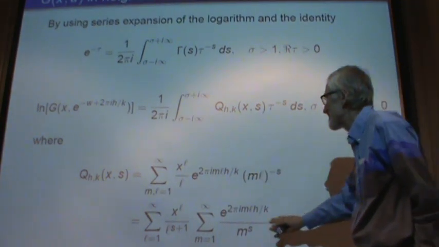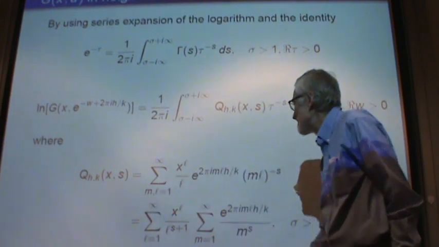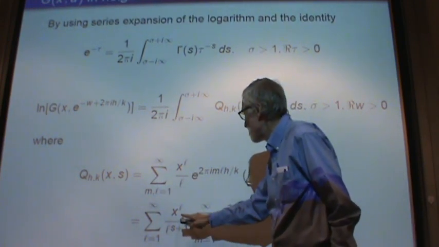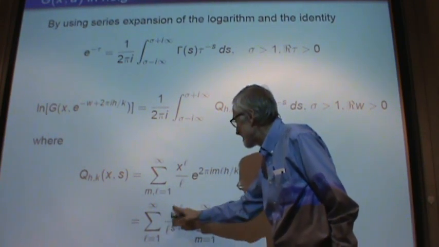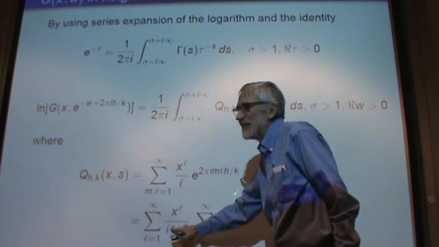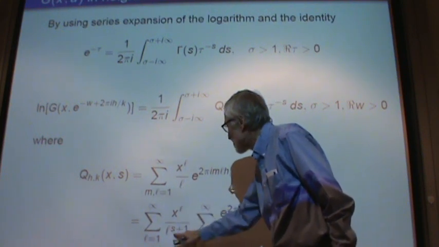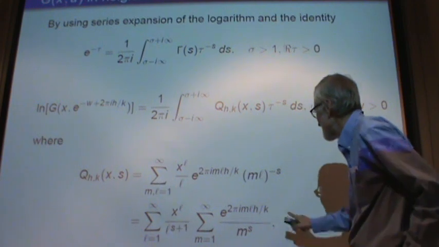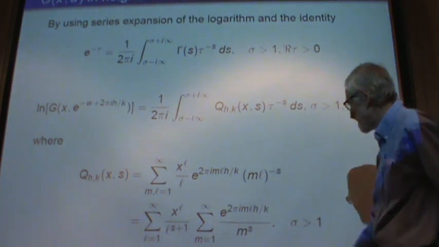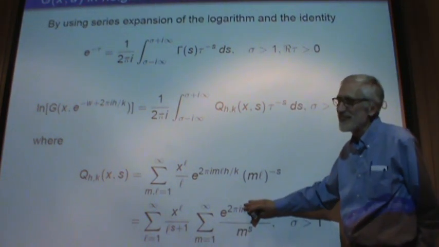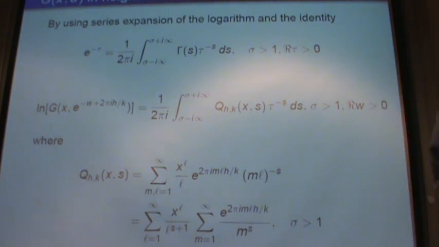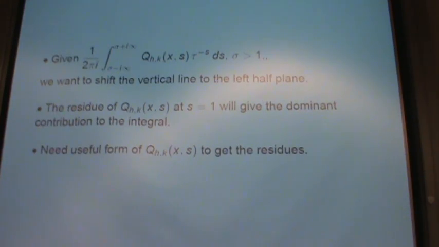So it's a double series in m and l. Here I have an x; this will be a so-called polylogarithm, and then I have something else here. So of course, if this were 1, then I would just have a zeta function. Okay, so I'll say what they are explicitly if I have time.